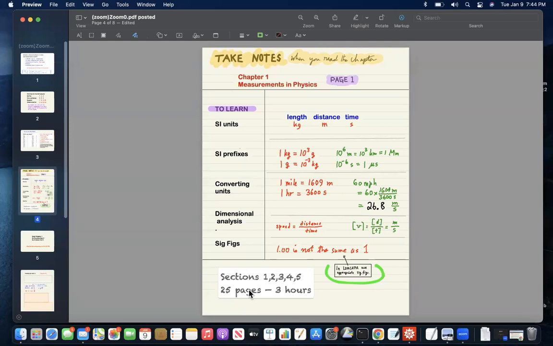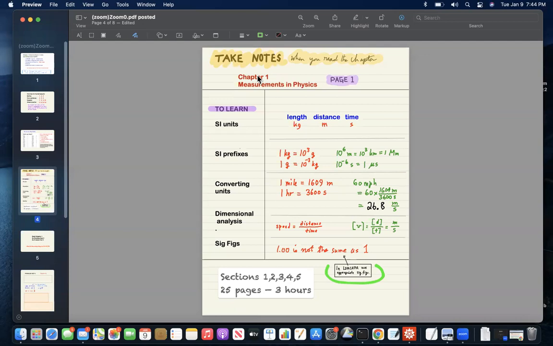And as you're reading the chapter, keep a notebook handy and write notes where you see something important, especially equations. Most of your notes will be equations. When you see an equation that you're going to need to understand, write down that equation and make a little note about it.